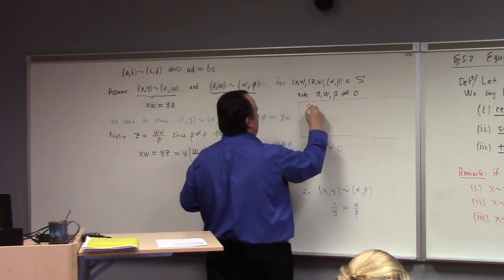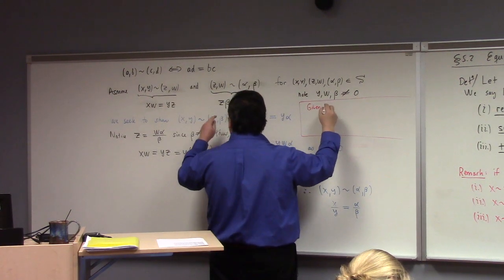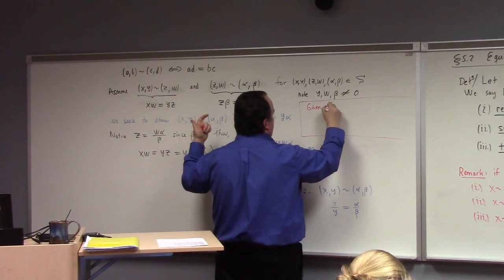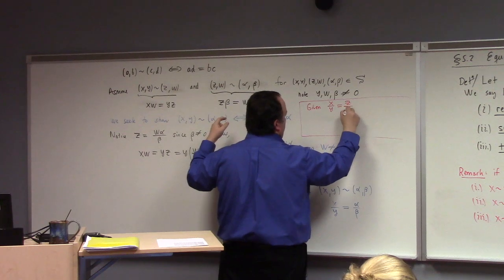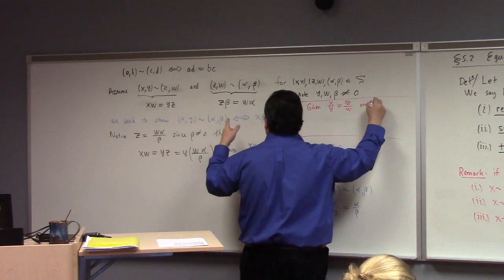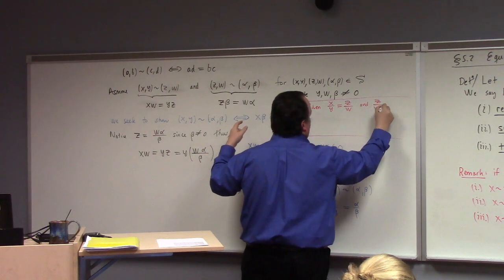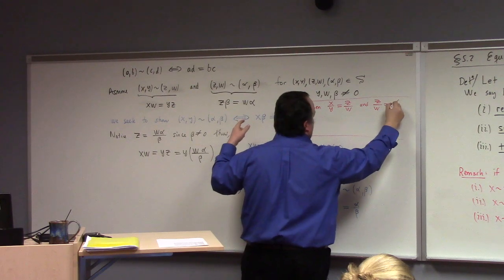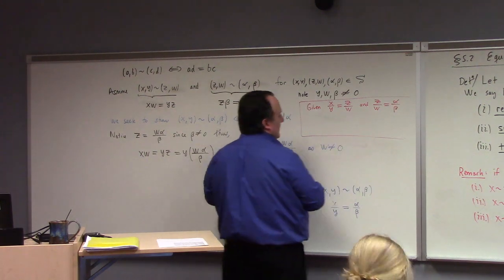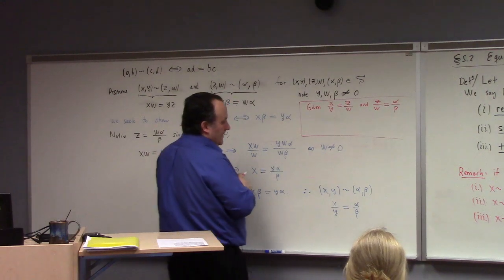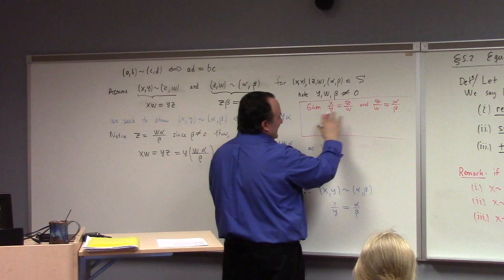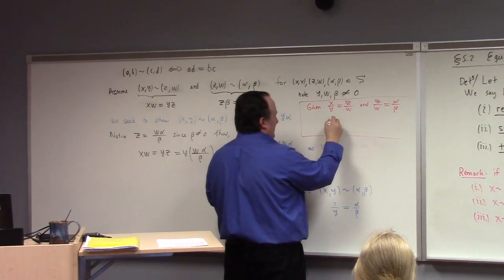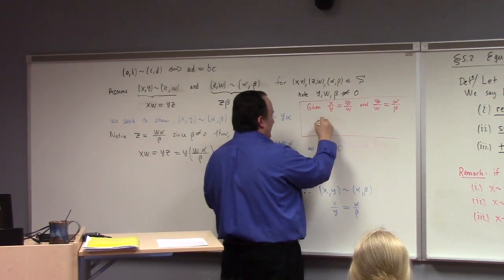We're given, in the usual fraction notation, that X over Y is equal to Z over W, and also that Z over W is equal to alpha over beta. In this notation, the whole thing becomes stupid, right?